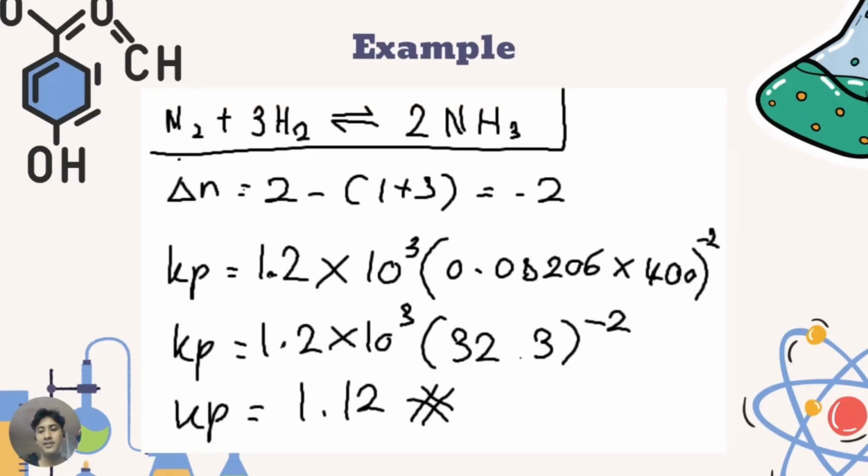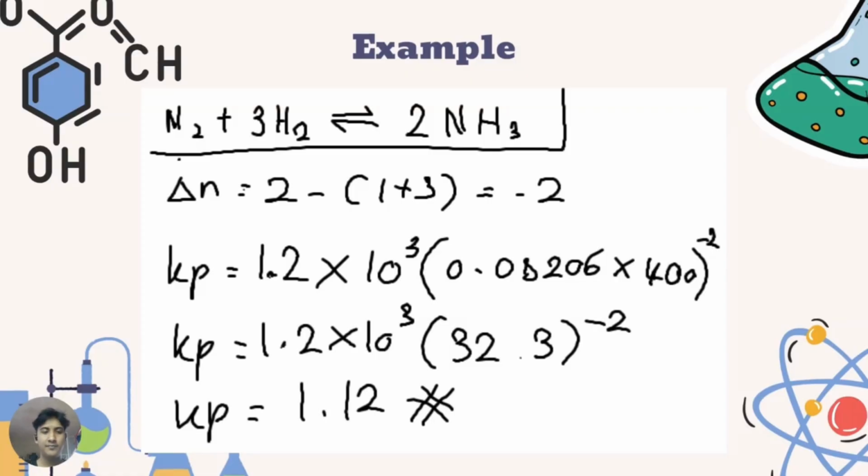As we have before, Kc is equal to 1.2 times 10 to the power of 3, and R is 0.08206, times the temperature, which is 400 Kelvin, and don't forget the delta n.